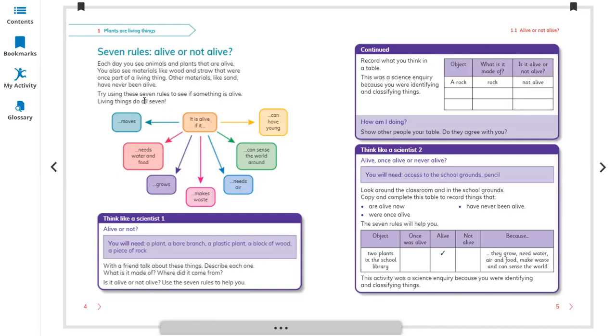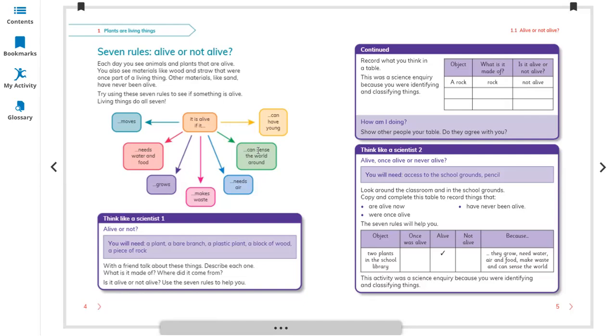Try using these 7 rules to see if something is alive. All living things mostly have these 7 things. If it is alive, it can move, and it needs water and food. A living thing can grow, make waste, which is excretion, and needs air for breathing. All living things, plants, animals, and humans, have senses.